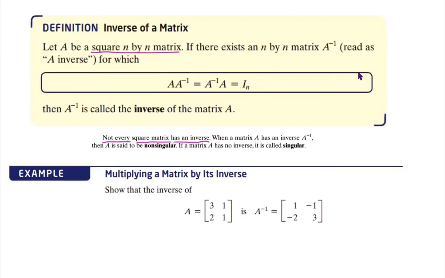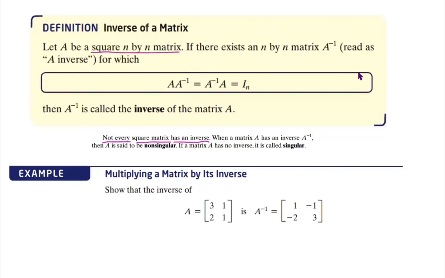But now, what they are telling us is that even if the matrix is square, that doesn't guarantee that it has an inverse.